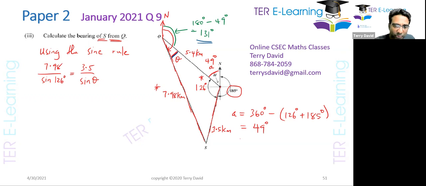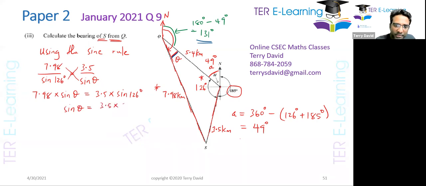So when you have a problem like this, all you do is cross multiply. So this is 7.98 multiplied by sine theta is equal to 3.5 multiplied by sine 126. So therefore sine theta, you don't need to simplify anything as yet. You can do all of this in a calculator.